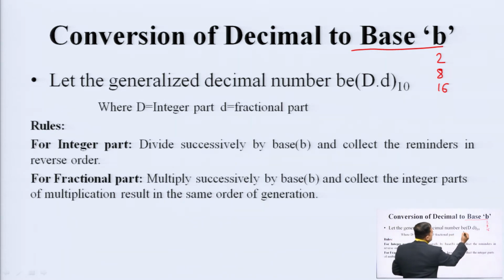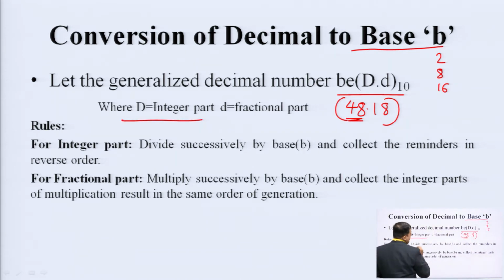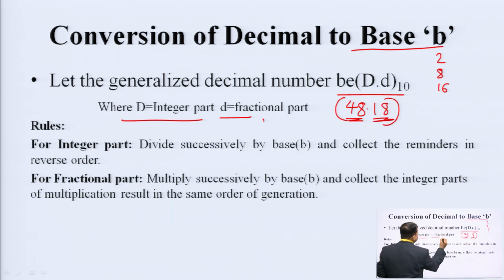So, here I have written a number like D, capital D comma small d, base 10. So, suppose I am writing 48.18. So, here 48 is the integer part, capital D stands for integer part and small d stands for the fractional part. So, here 18 is 0.18. So, 18 is the fractional part and 48 is the integer part, right.